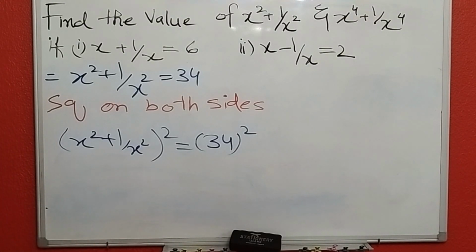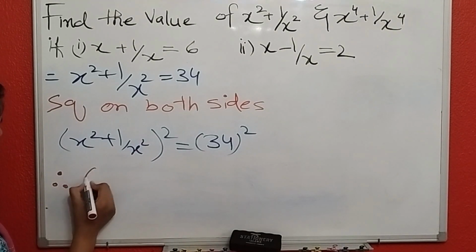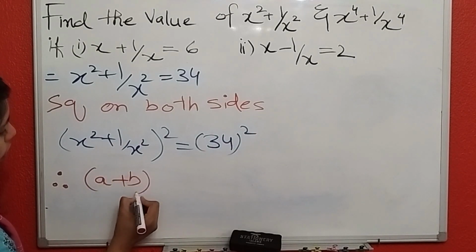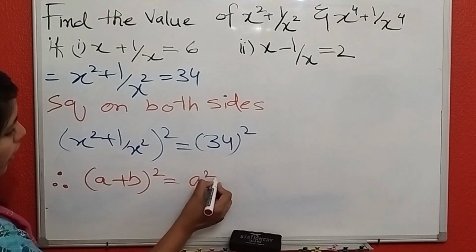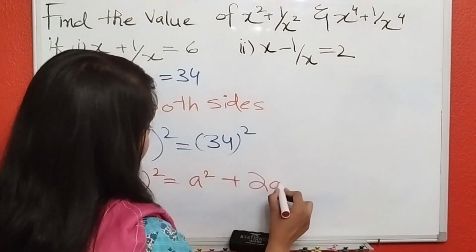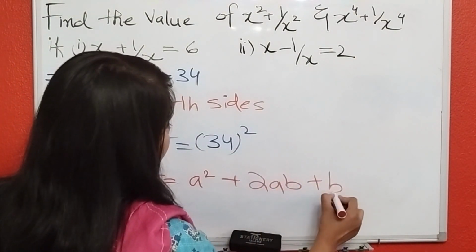Then which formula should I use? I am going to use the formula a plus b whole square, which is equal to a square plus 2ab plus b square.